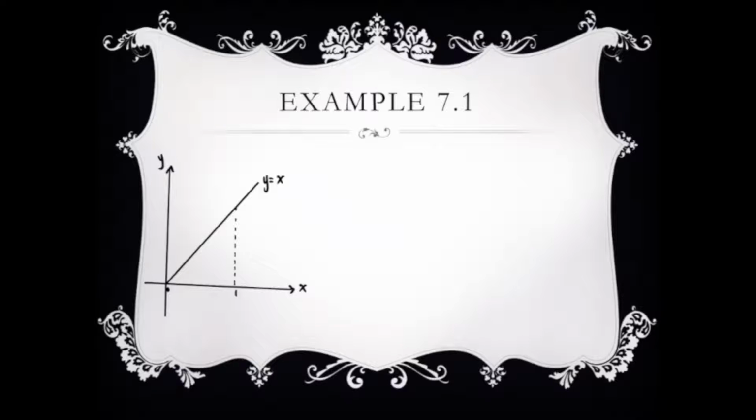Since we are rotating around the x-axis, the surface area formula will be the integral from a to b of 2π y times the arc length, which is the square root of 1 + (dy/dx)² dx. Now let's see here. dy/dx will equal 1 because y equals x.